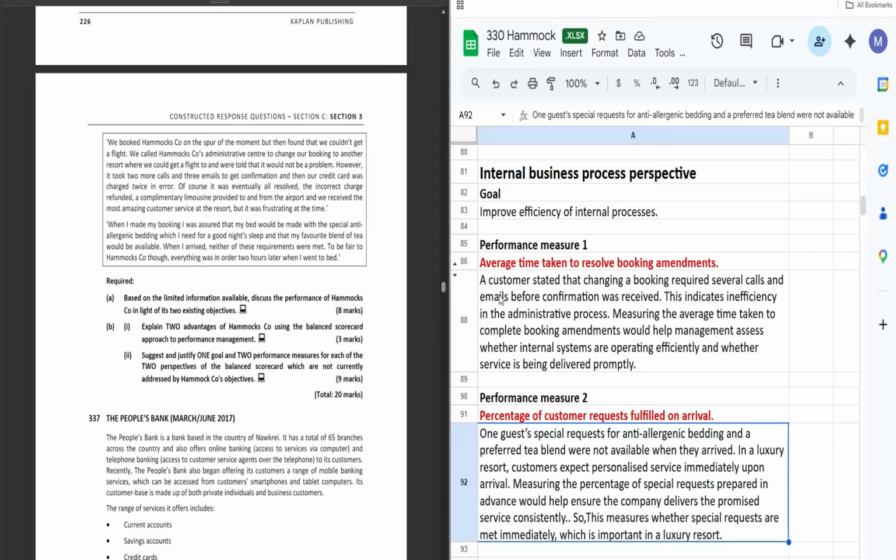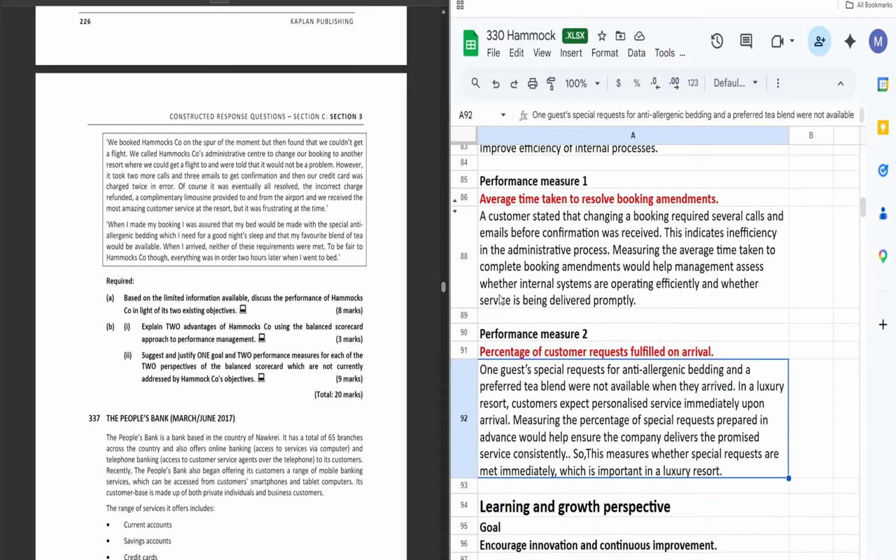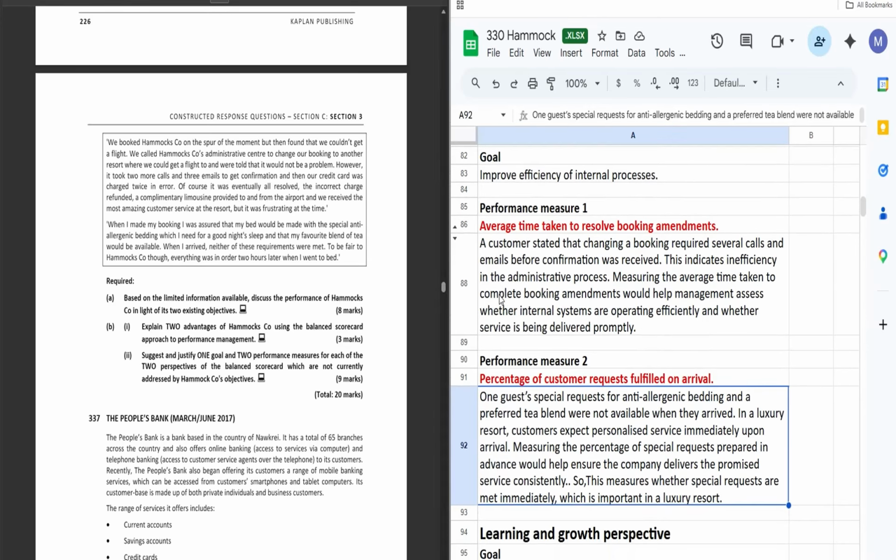So measuring the percentage of customer requests fulfilled on time would help the company ensure they deliver the services promised to the guests consistently. This measures whether special guest requests are met immediately, which is very important for a luxury resort like Hammock company. Okay, so these are for the internal business process perspective.